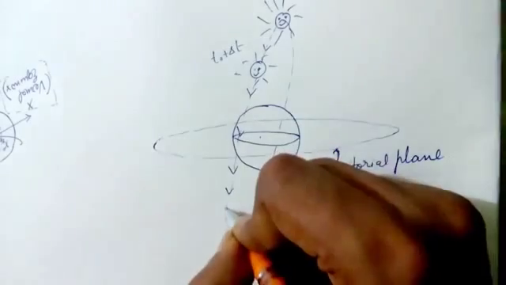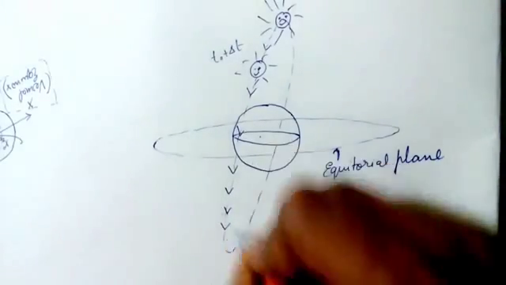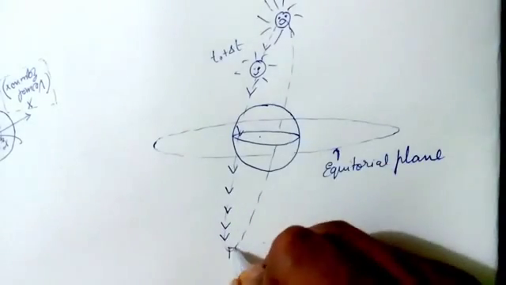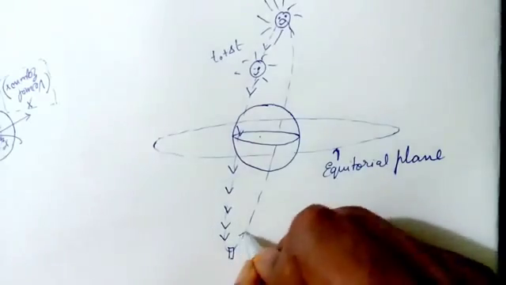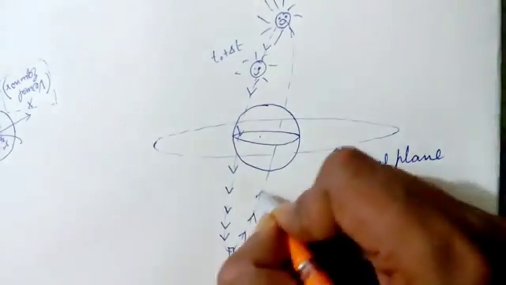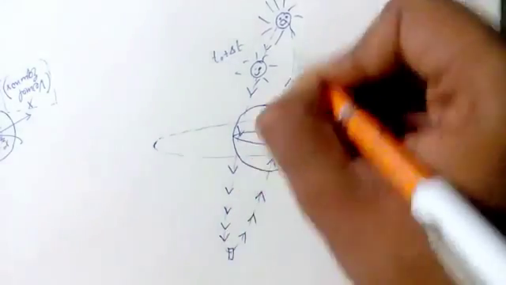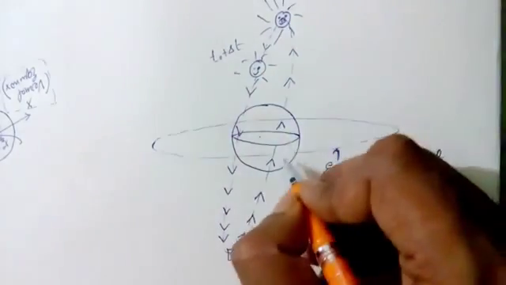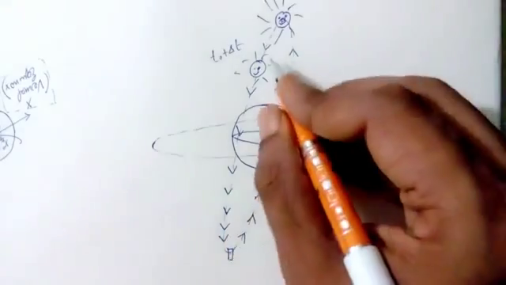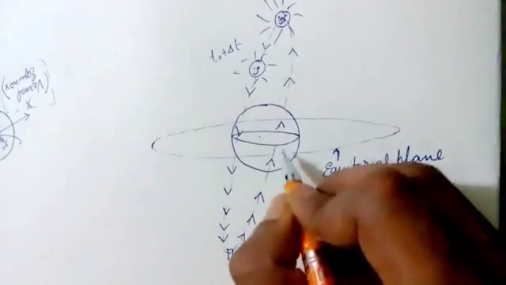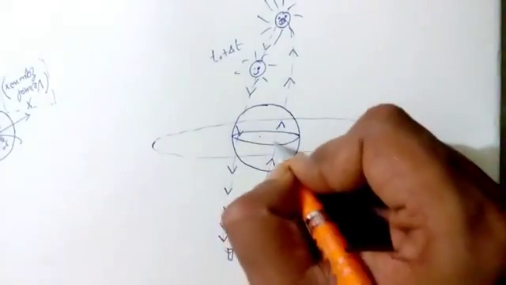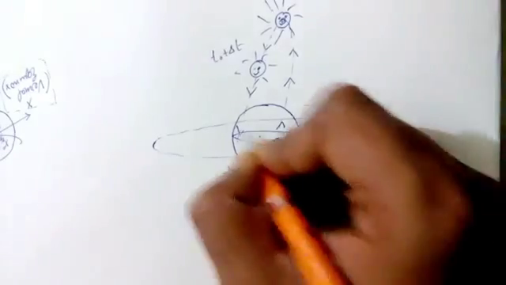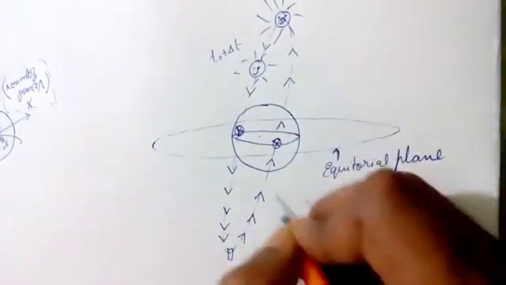It will come down and down and down again, and then it will stop descending at this point, and from here on it will ascend. It will go up, up, and over here it will start descending again. So now you observe that the Sun pierces the equatorial plane at 2 points. The first one is over here, the second one somewhere over here.